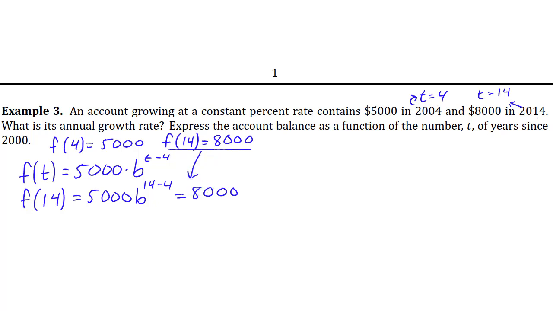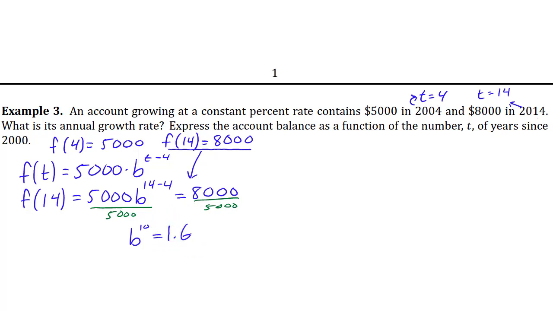So let's see, if we want to find b, we can divide both sides by 5,000. That's going to give you b to the power 10. I'm just simplifying 14 minus 4 there. 8,000 divided by 5,000 comes out to 1.6.